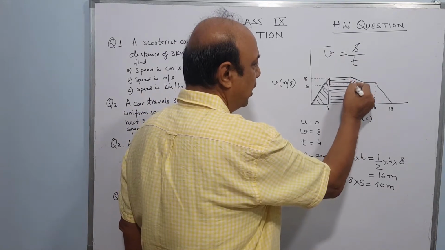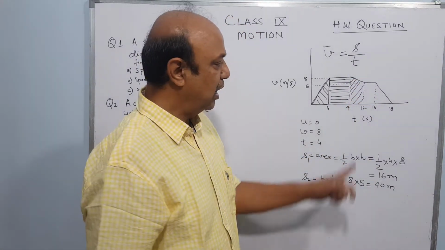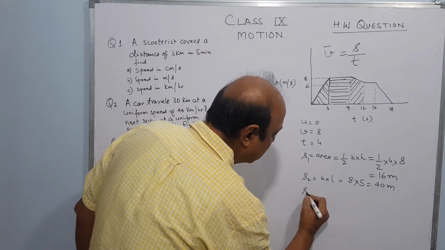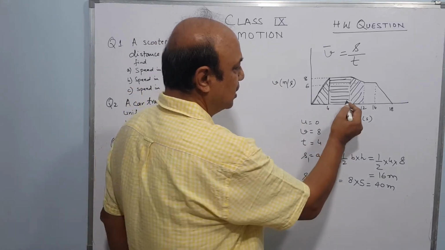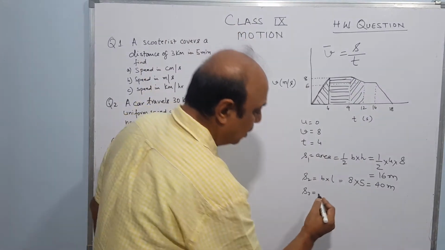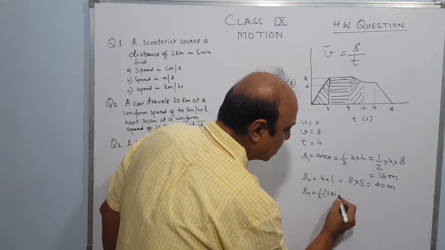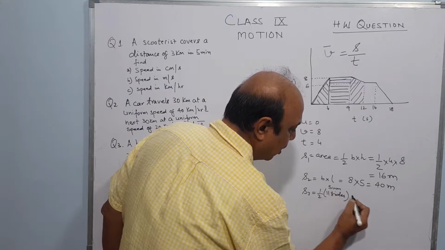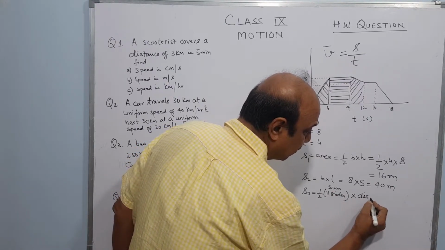Now let us see about S3. S3 is a parallelogram. Area of a parallelogram is half the sum of the two parallel sides, that is 8 and 6, 14, into the distance between them.